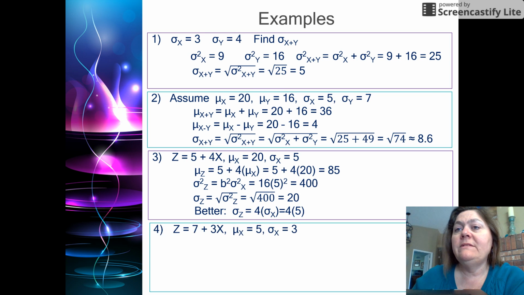Okay, one more example on this slide, 7 plus 3x. So the mean and the standard deviation are given to you. Before I go on, see if you can figure out what would be the mean of z.